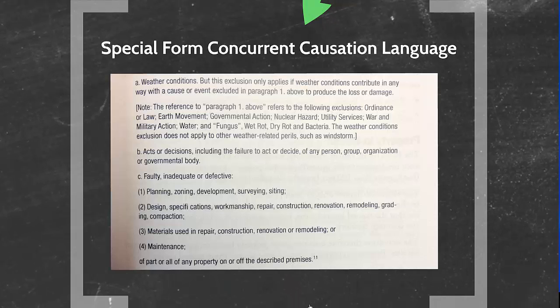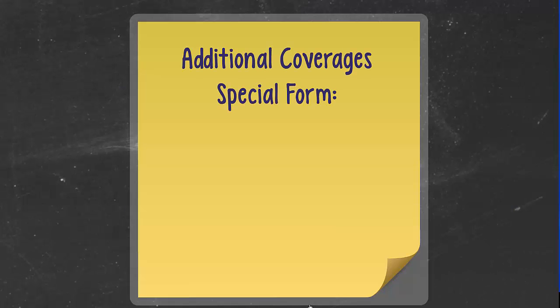And note it says weather conditions, but this exclusion applies only if weather conditions contribute in any way with a cause or event that is excluded in paragraph 1. And I'm paraphrasing just a bit. But paragraph 1 refers to ordinance or law, earth movement, etc. And you'll see that most of those are comparable to the basic and broad form exclusions that have the anti-concurrent causation language.